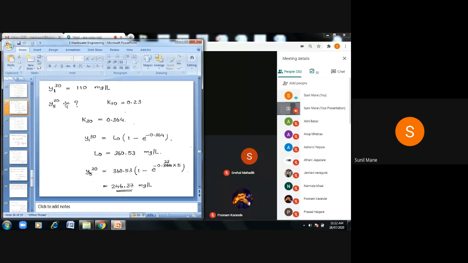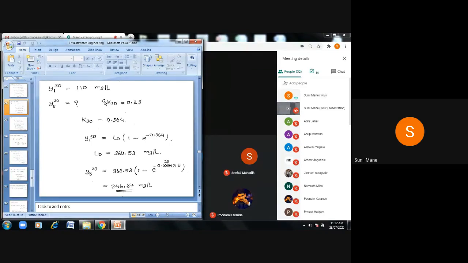Okay, got the problem. Whenever you are writing this down, please take down the problem in this manner: incubated for 1 day and K20, the coefficient, is 0.23. These are the two things required.